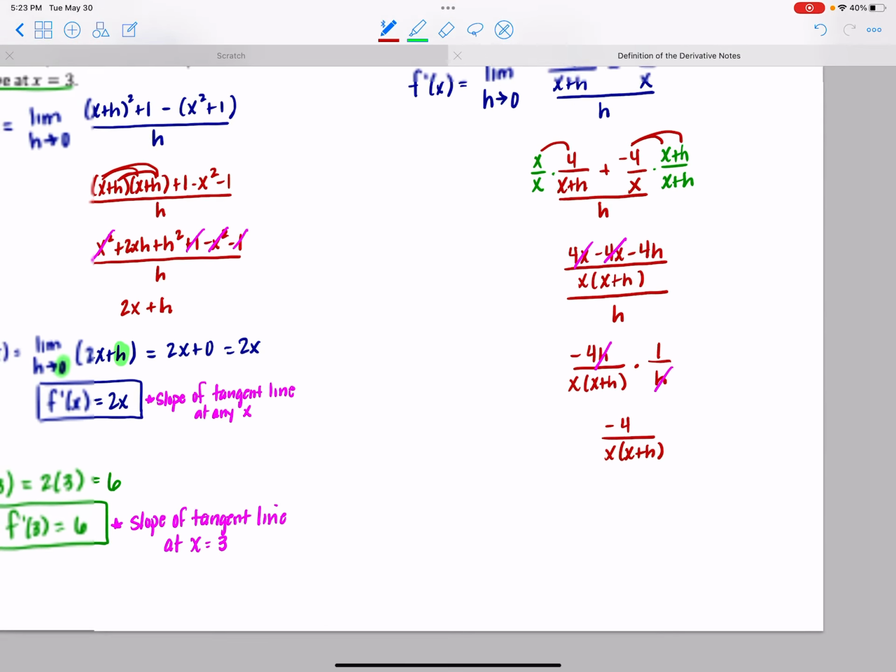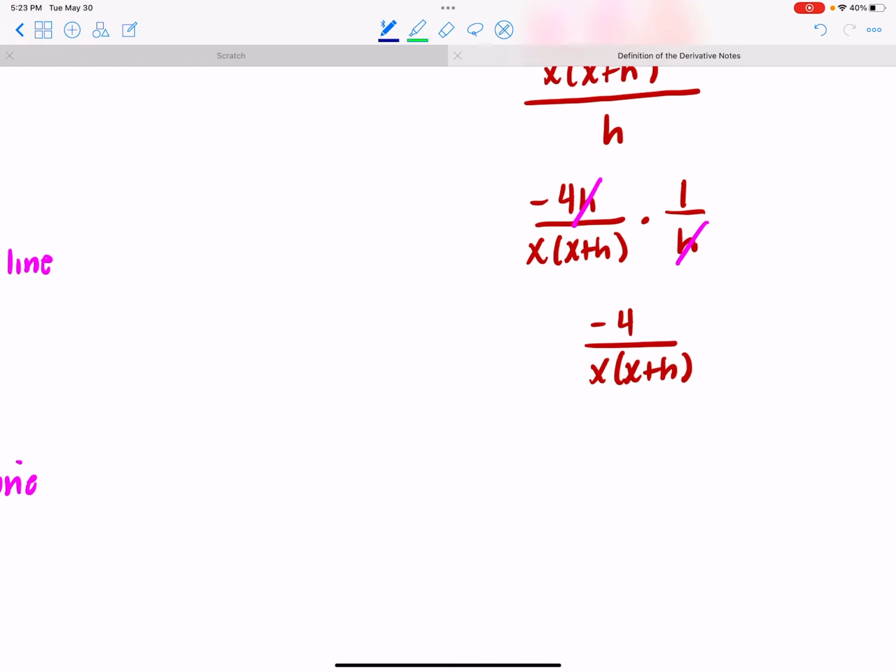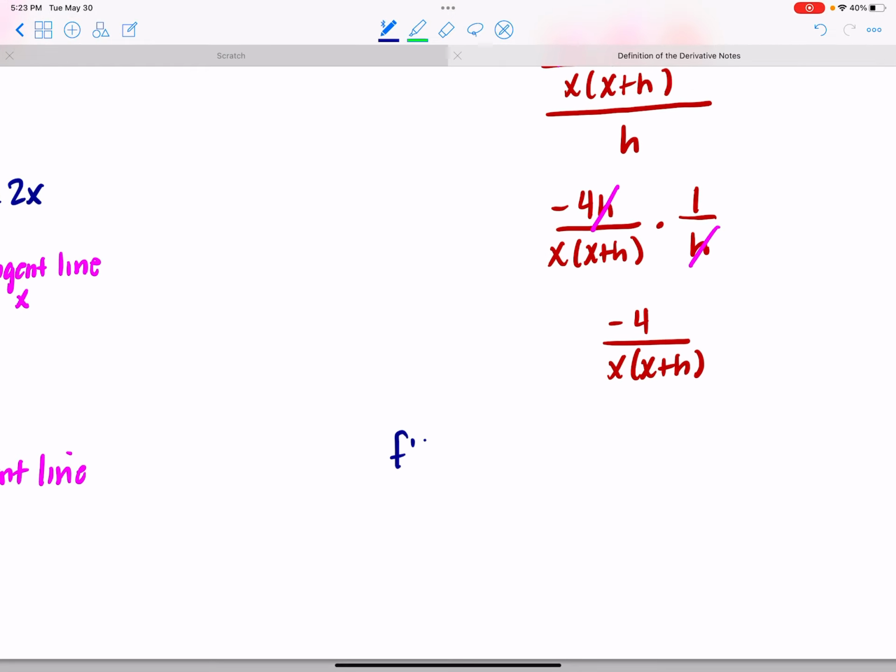So remember what we're trying to do. Trying to find our derivative. So we're trying to find f prime of x, which is the limit as h approaches 0 of our difference quotient. Well, we just said our difference quotient is going to simplify down to this: negative 4 over x times x plus h. And in this simplified form, I can input my 0.